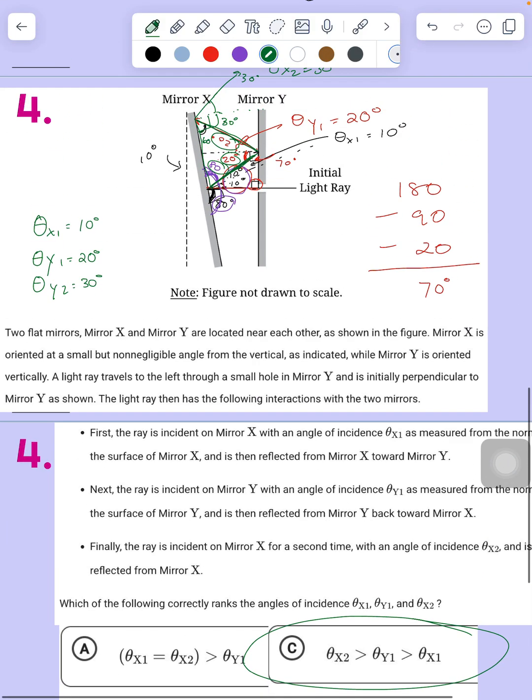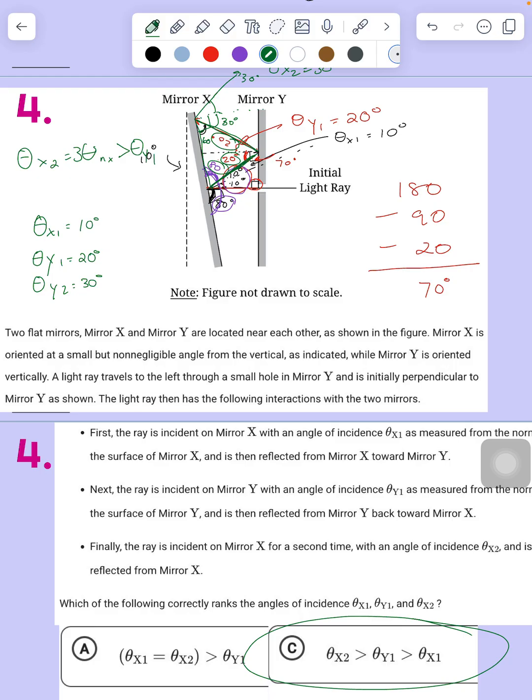So you might feel like there has to be an easier way. Well, AP College Board did come up with a way to do it in general. They ended up with theta x2 would be equal to 3 times theta x1, which is greater than theta y1.